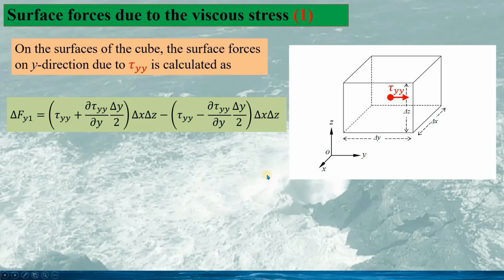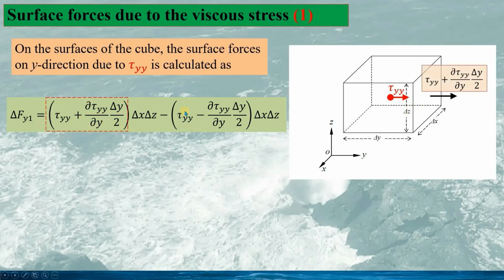Now we are going to calculate the surface force due to the viscous stresses. Here, we look at the surface forces in the y direction. Due to tau yy, the direction would be pointing in the y direction, and the force due to tau yy would be calculated as this.